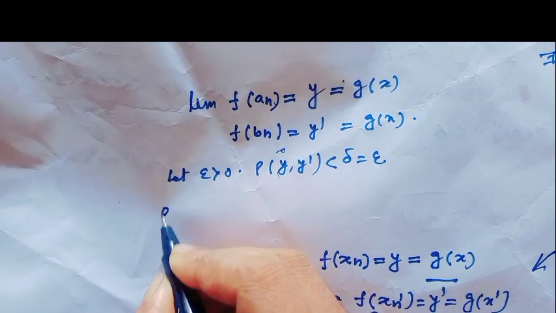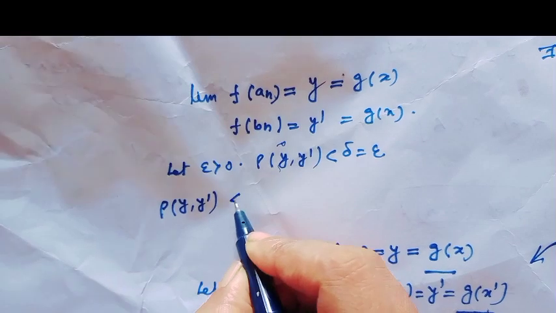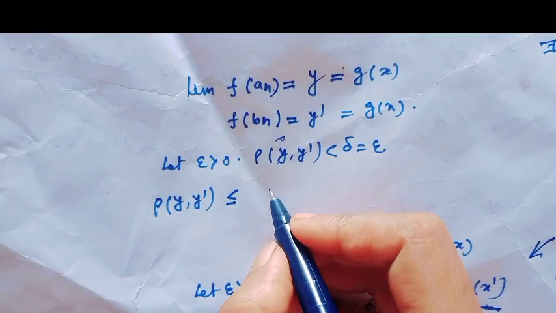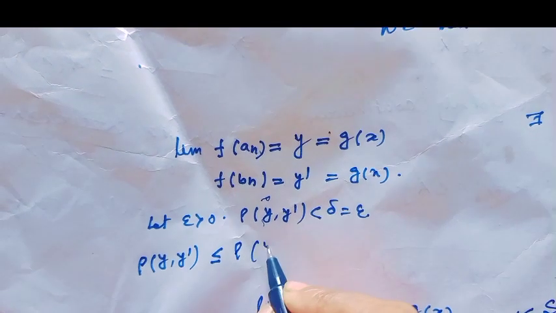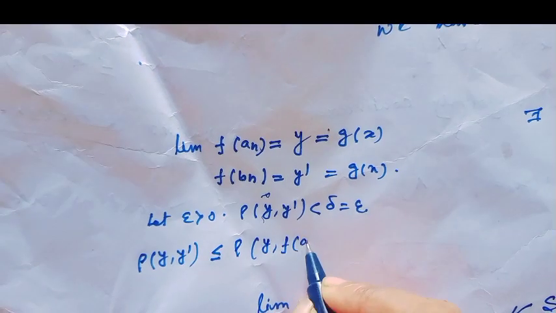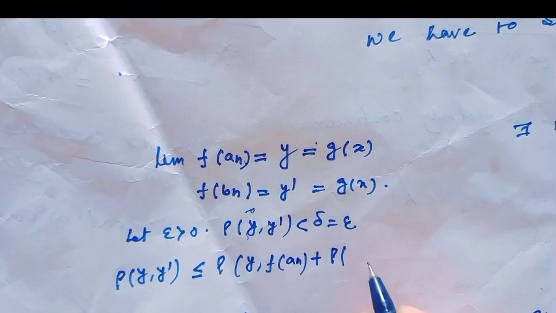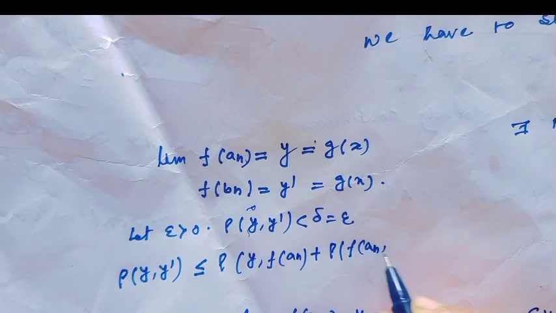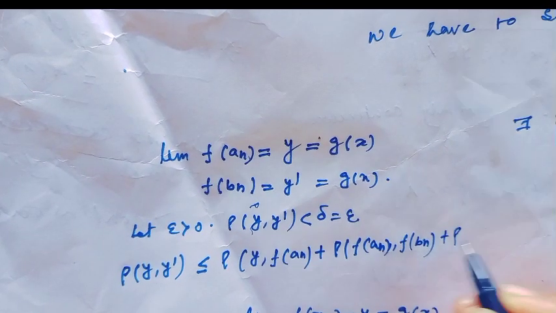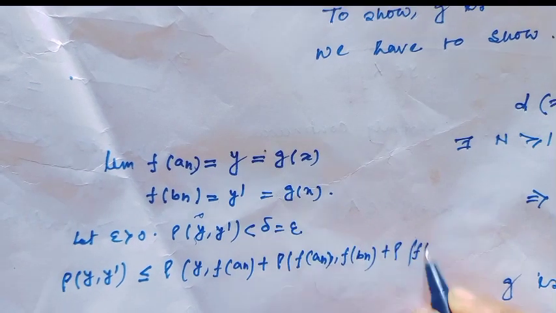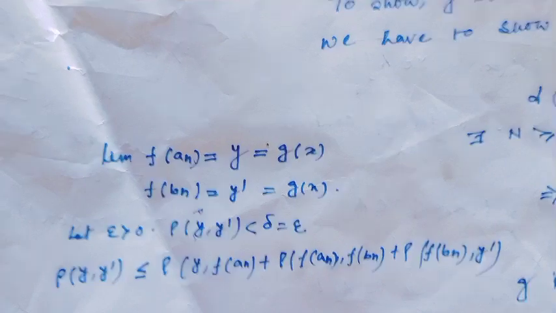Then rho of y comma y dash we can write by the triangle inequality. This is less than or equal to rho of y comma f of an plus rho of f of an comma f of bn plus rho of f of bn comma y dash.